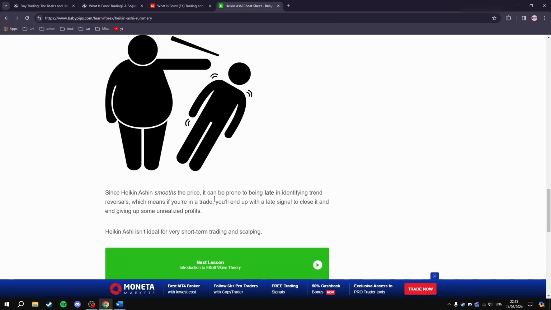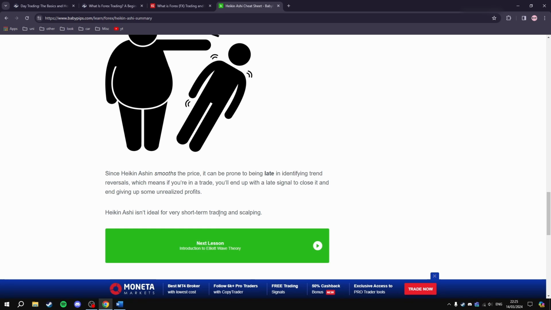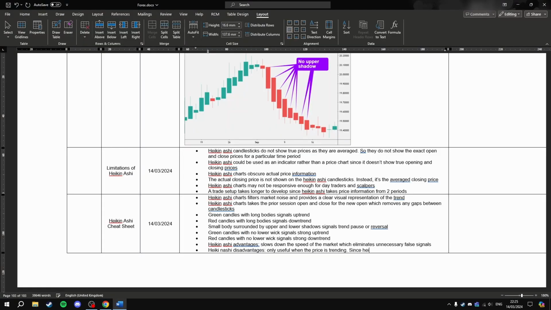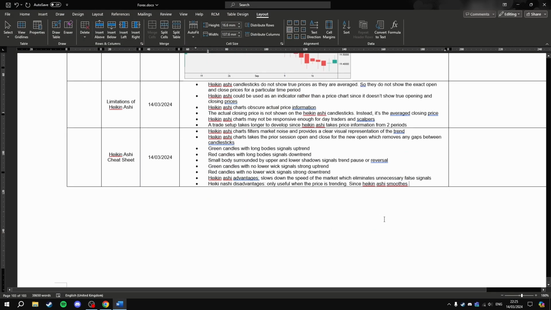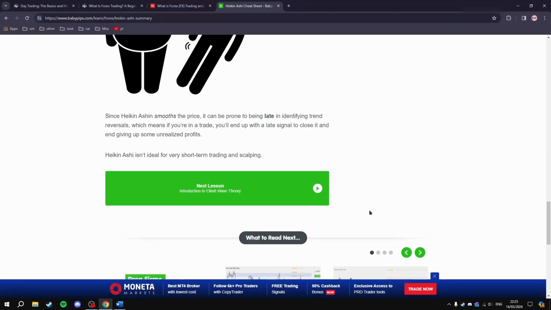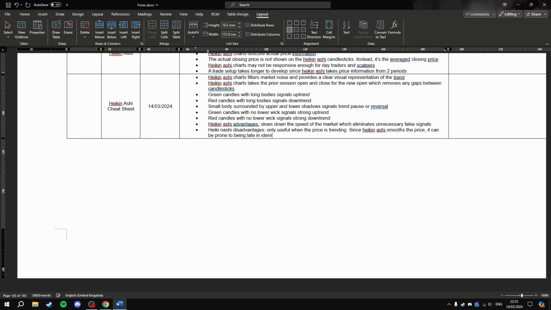Since Heikin Ashi smoothes the price, it can be prone to being late in identifying trend reversals.